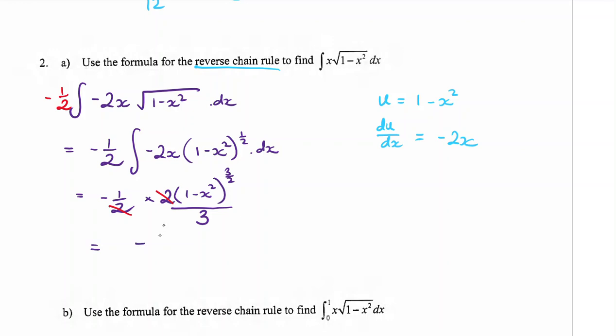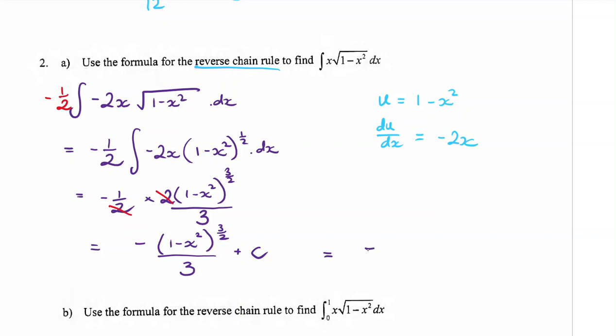negative. I'm going to leave it in bracket form, which is not normal. Normally I would change that back into surd form. The reason I'm not, well, I could. There's a part B here. We'll want to do it in surd form as well, just for practice. What is that in surd form?